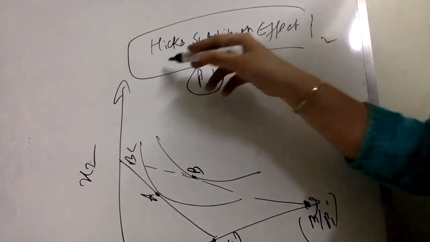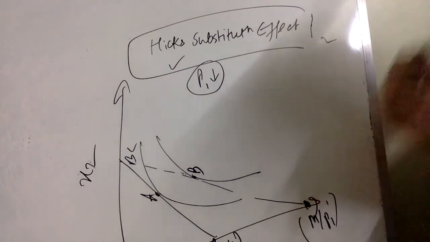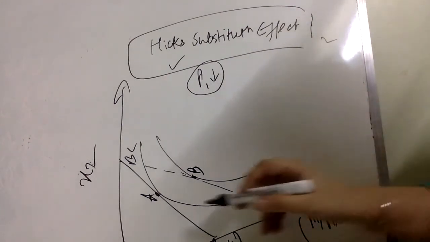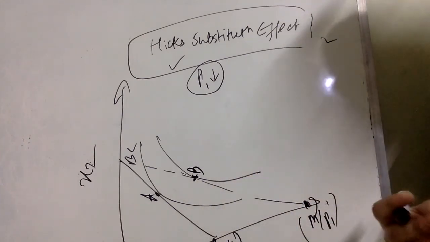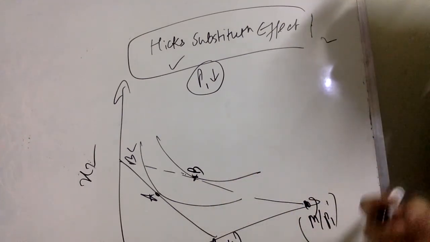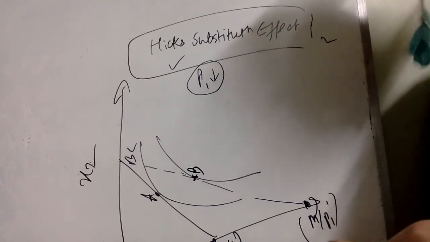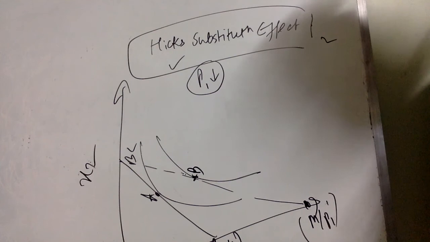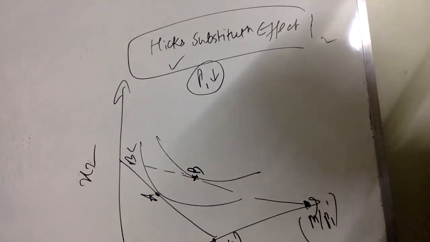Now Hicks substitution effect is that as the price has fallen and the demand has increased from A to B, the decomposition of the price effect into substitution and income effect is a little different. We take away the income of the consumer such that he is as well off as before.